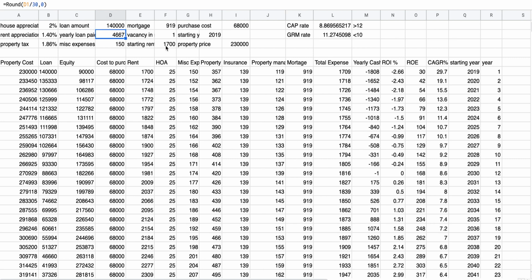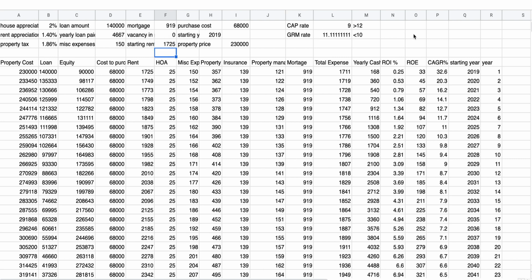and if you expect zero vacancy, and if you can go to 1725, then at the minimum you are cash flow positive. So this is possible. So in this case you'll be taking a $140,000 loan. You can still make it cash flow positive, but as you can imagine, you're stretching it really hard.